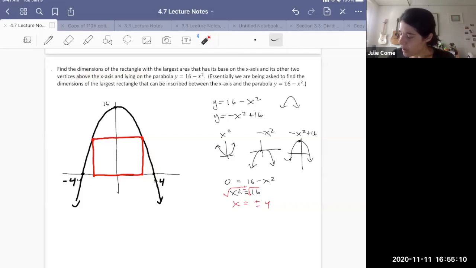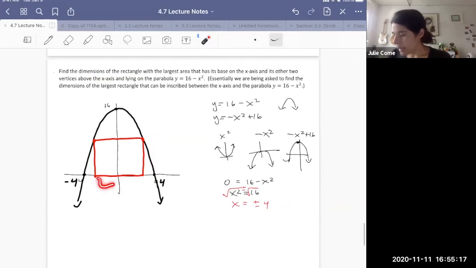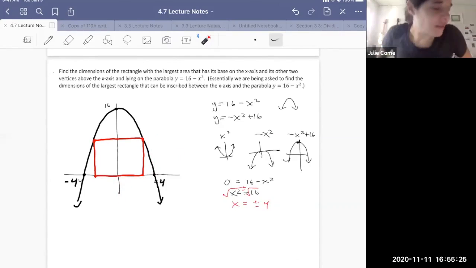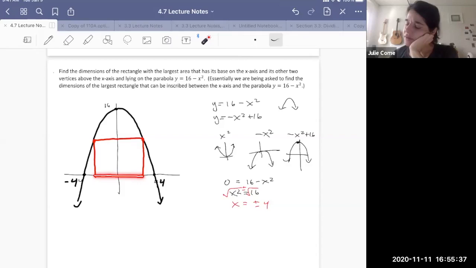Well, I could call this side X and this side Y, or I could call this L and this W or B and H or whatever you want. But here I want to do something slightly different that may make our lives a little bit easier in the long run.